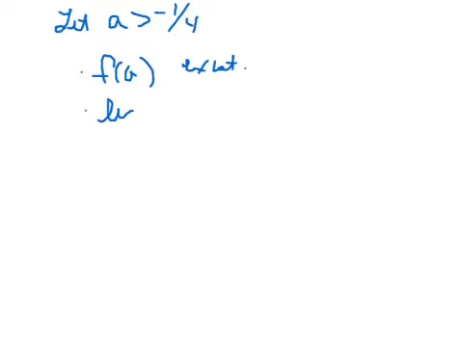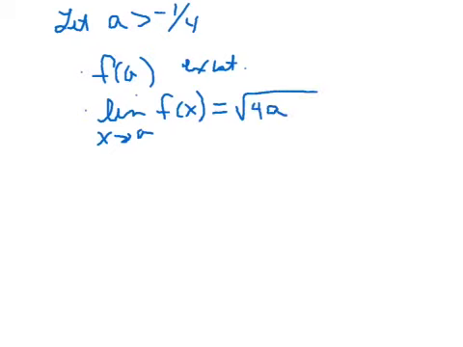Second part is now we need to figure out the limit as x approaches a of our function. Now, unlike negative 1/4, a, we know, is greater than negative 1/4. So therefore, we know if we looked to the right and to the left of a, the value of the function would exist. So this, therefore, would equal the square root of 4a plus 1.